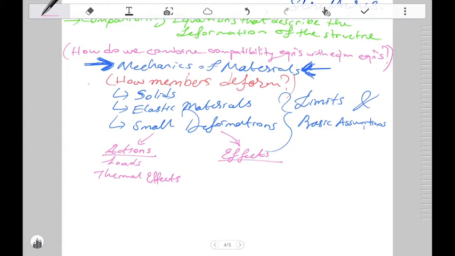These are all external effects. We classify them as our actions, okay? And when you load a structure, it has a response. The response is a deformation.